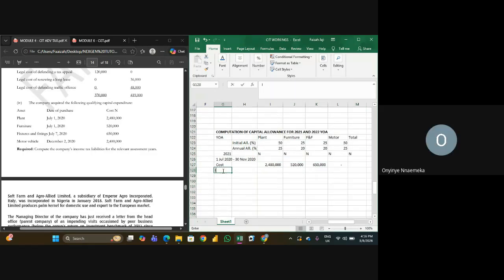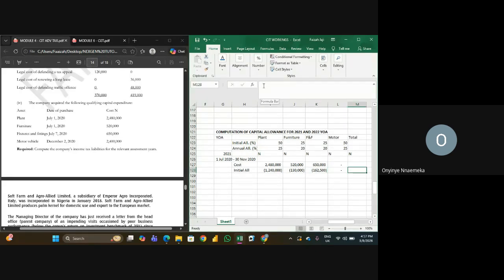So then we have our initial allowance. This one is not supposed to be here, it's supposed to be here. Initial allowance of plant equals 50% of this figure. For this one it is 25% of this figure. This one is also 25% of this figure.